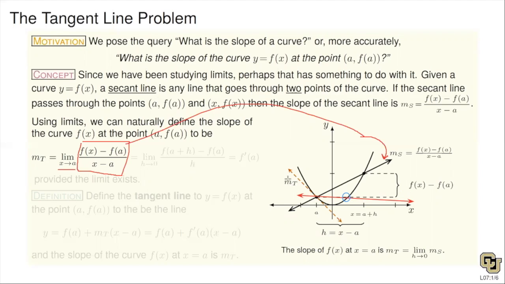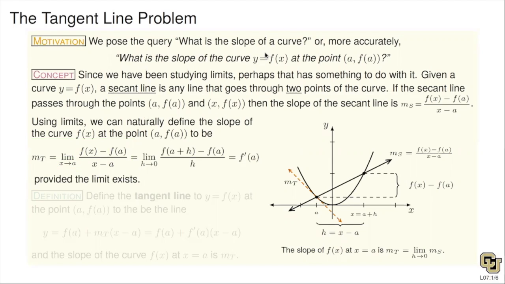And if the limit exists, we're going to define that number to be the slope at a single point. That's the theory here. When you look at this formula, you should see the story: this is the slope of the secant line, and as x goes to a, we're making the secant line get closer and closer to becoming the tangent line, which is the line that's touching the curve at one point.